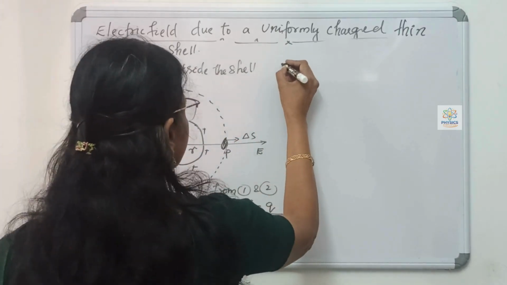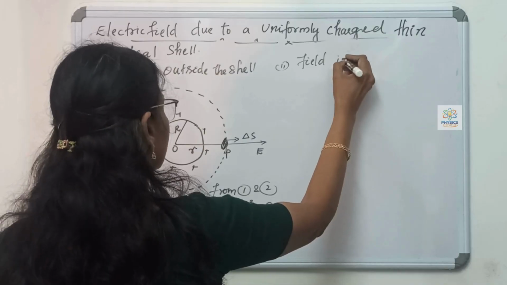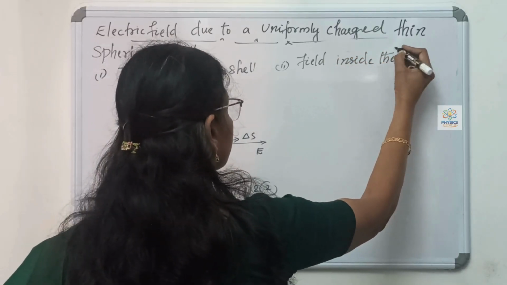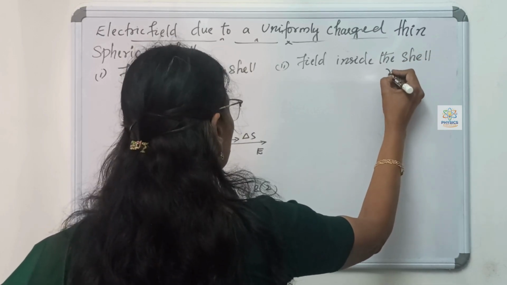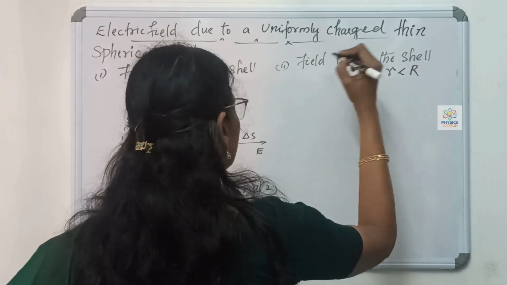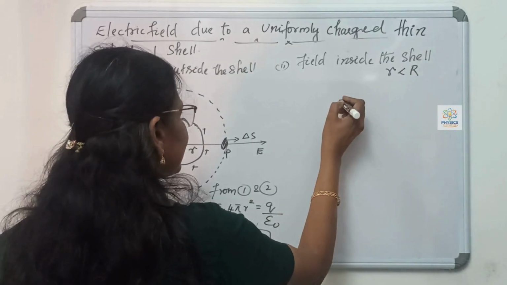And the second case, you can just consider field inside the shell. Here the value small r is always less than the value capital R, that is the radius of the spherical shell.